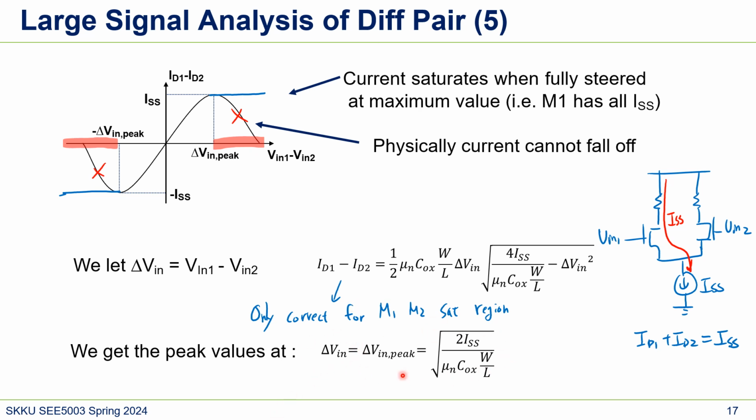If we substitute this value to here, then we get ID1 minus ID2 is ISS. That's how we got this value.